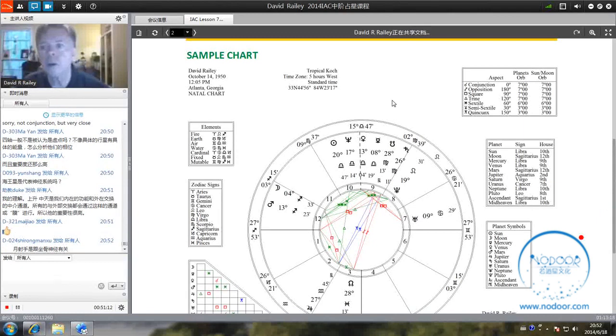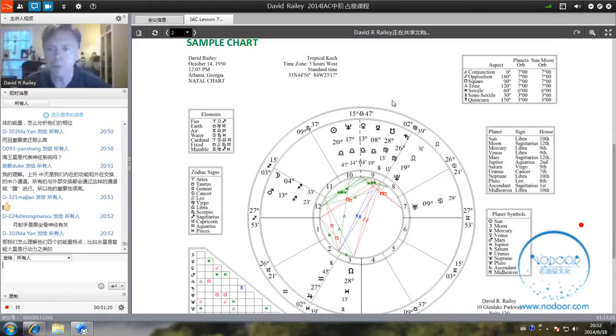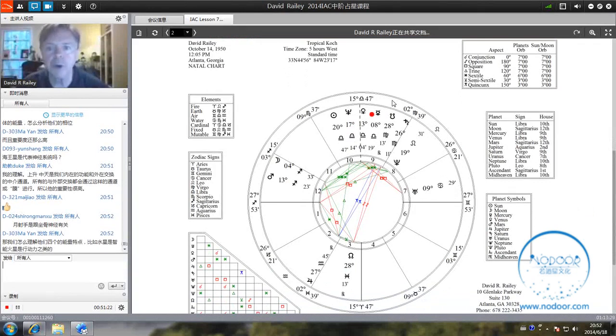So this was a decision that was made after I was born. So the vulnerability of mother is certainly indicated in my natal chart: Venus, Neptune, Moon in the 12th.